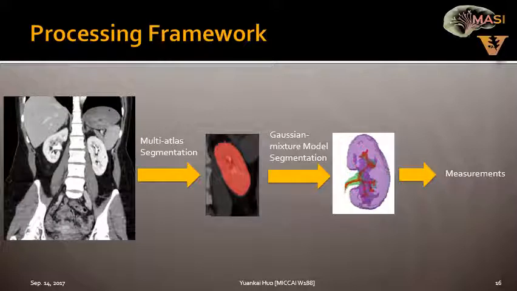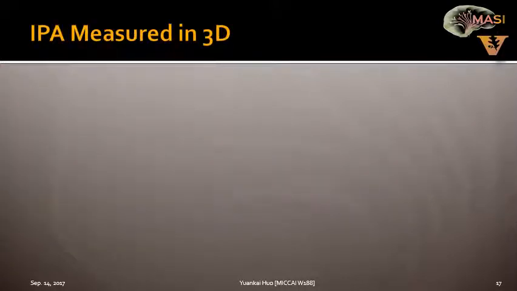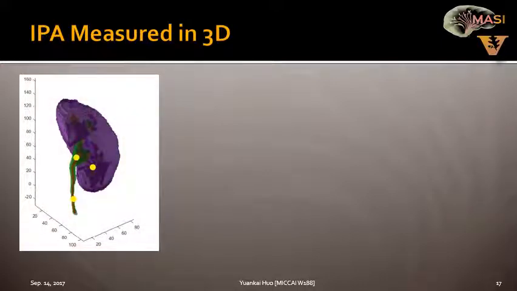All right, now we can also get some measurements from the 3D model. Remember that the IPA used to be measured in a 2D manner, in the coronal view. Now, since we have the 3D model, we can get the feature points from the 3D volume, which are the 3 yellow points in this figure.